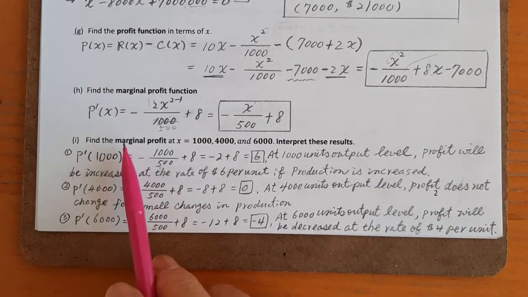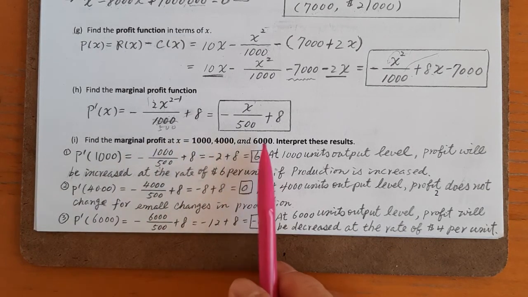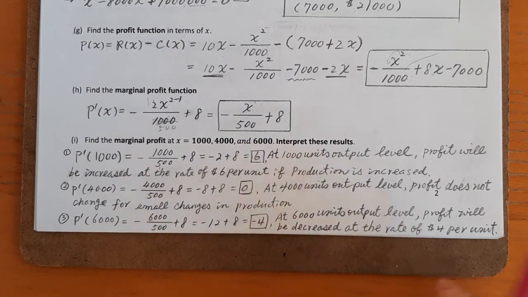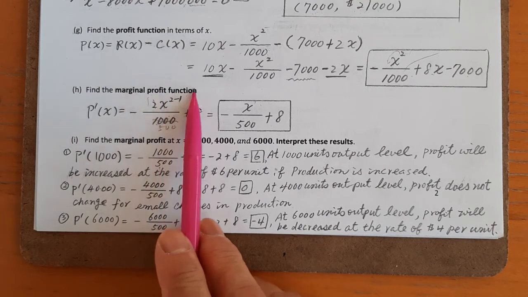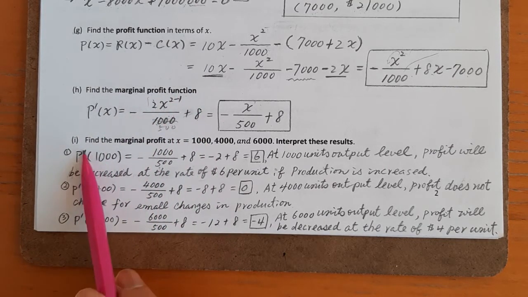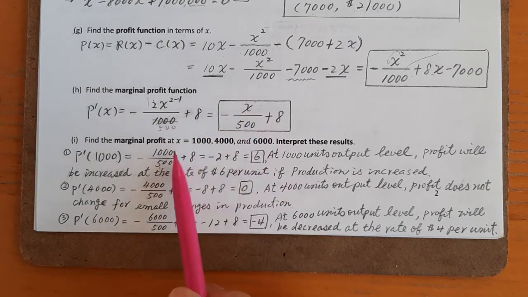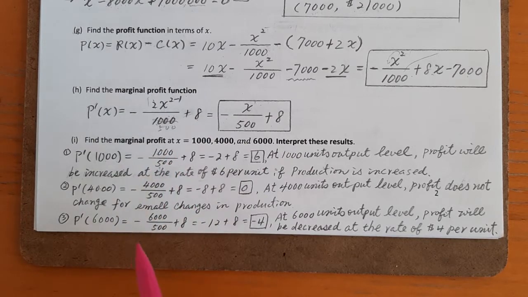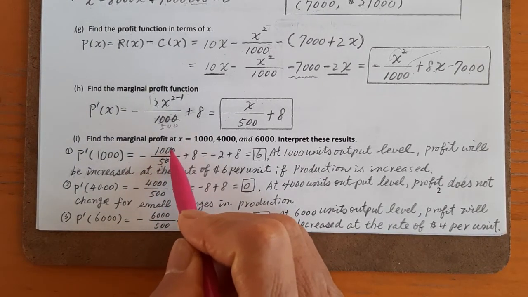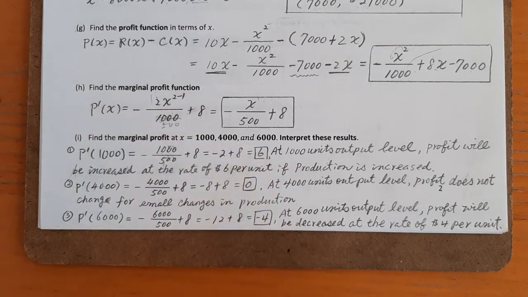Then find the marginal profit at x equal to 1,000, 4,000, and 6,000. Interpret these results. So plug into this marginal profit function: use x as 1,000. P prime of 1,000 equals negative 1,000 over 500, and cancel: 10 over 5 is negative 2, add 8 is 6. Then explain it.